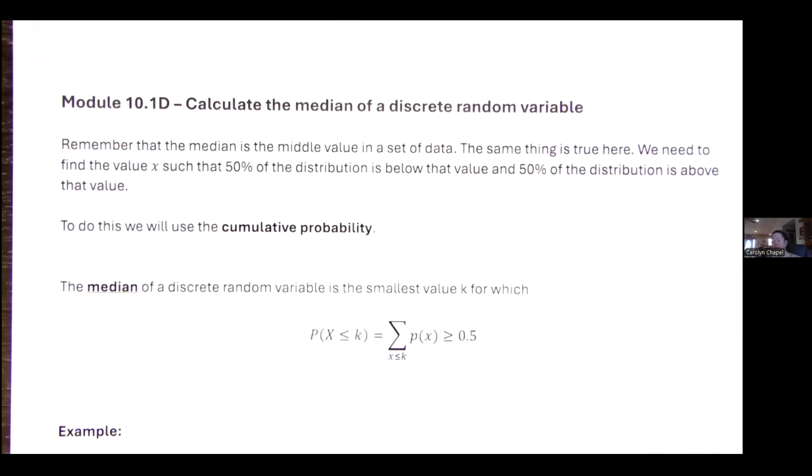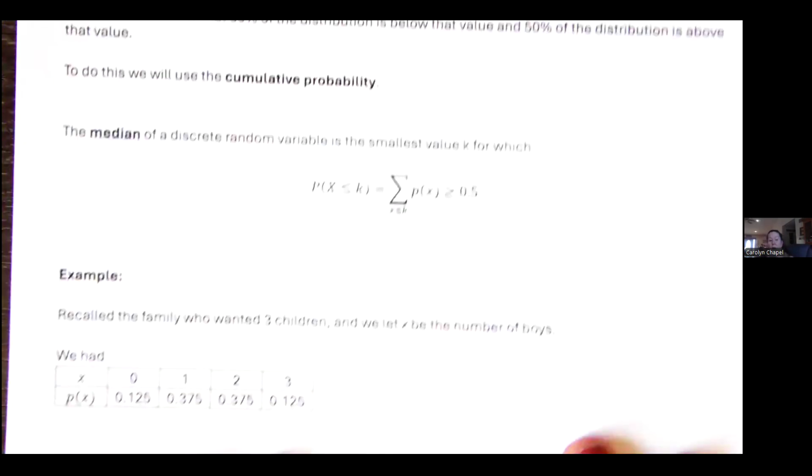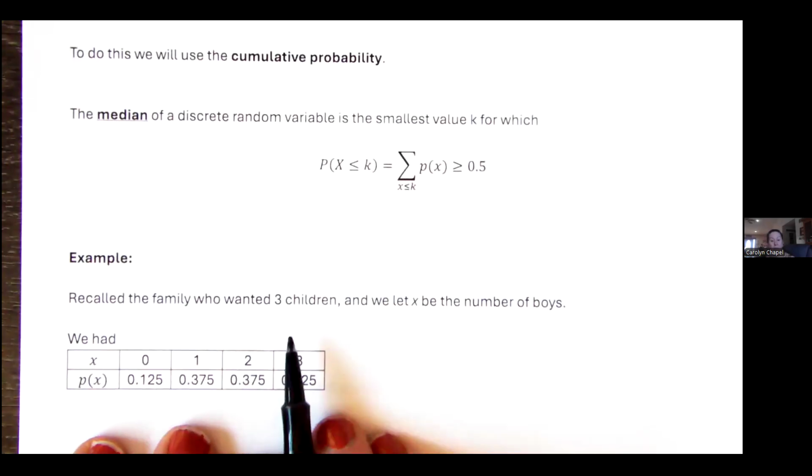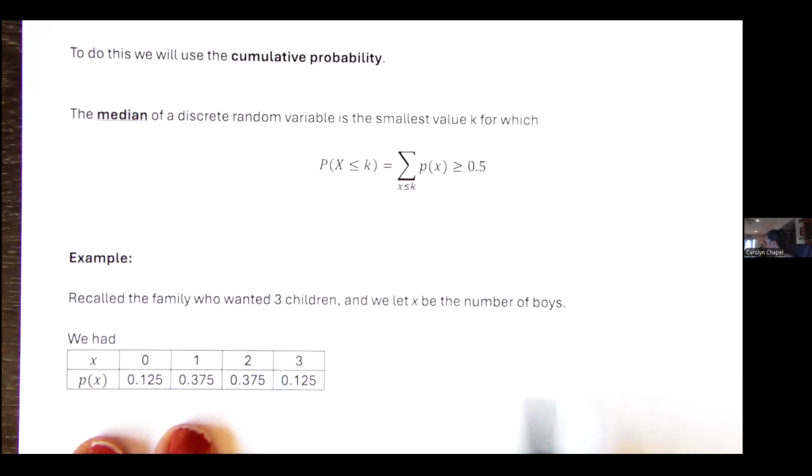So here we're going to find the first time that we are bigger than that 0.5, because sometimes we won't hit 0.5 right smack dab. We might jump over it, like we've seen in some of these other examples. So for example, our 3 children, I should have gone back to the 3 children.